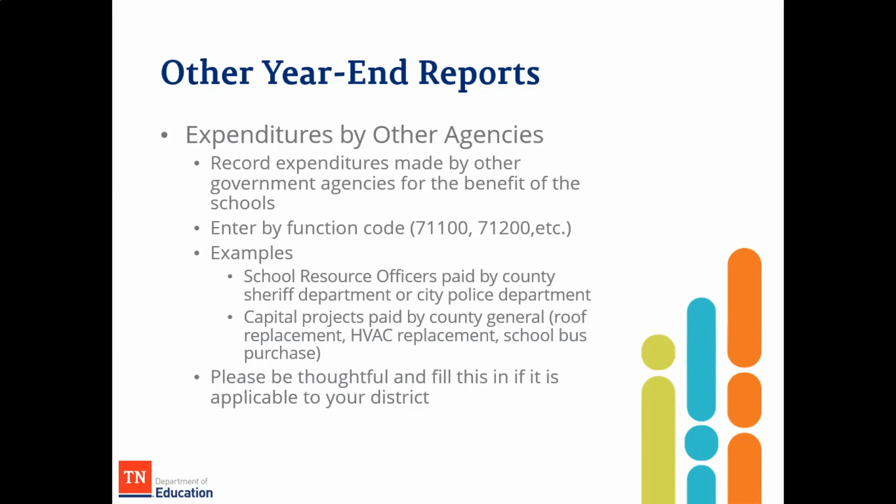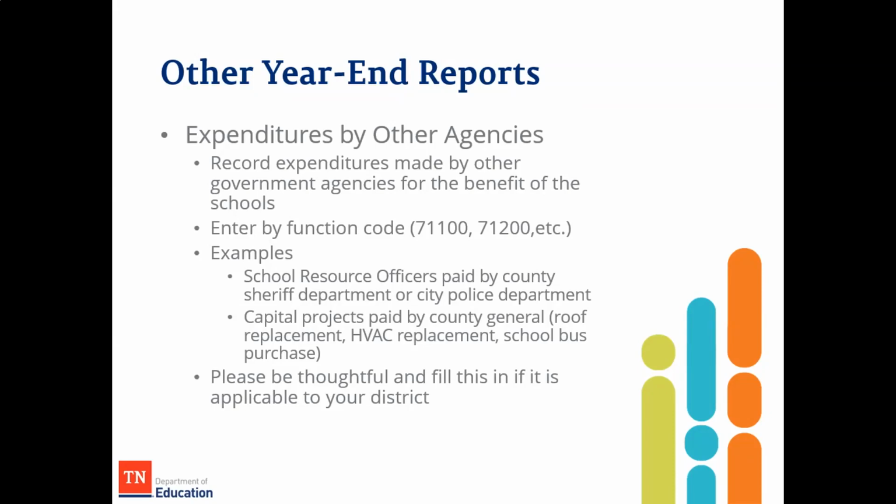The first one is expenditures by other agencies. You're going to record expenditures made by other government agencies for the benefit of the schools. You would do this by entering whatever function you use, whether it's 71100, 71200, whatever function you pay expenditures out of.